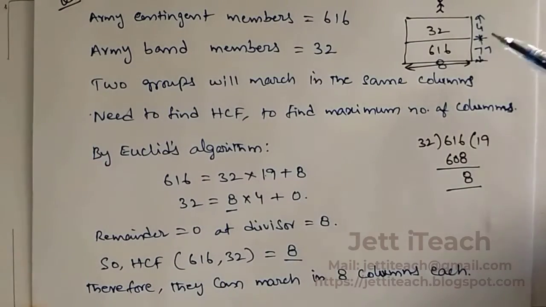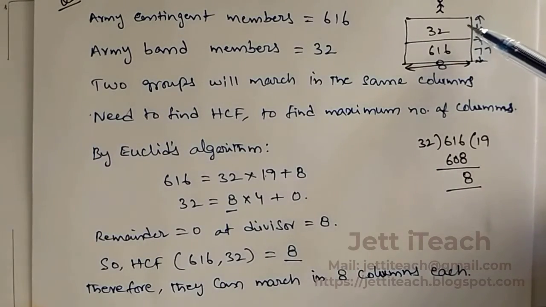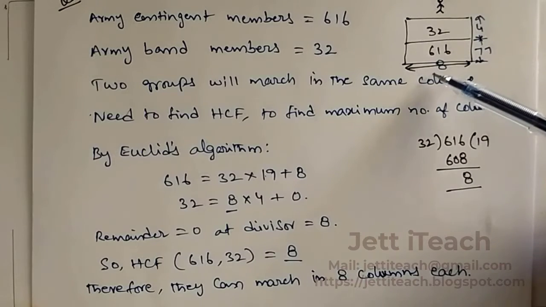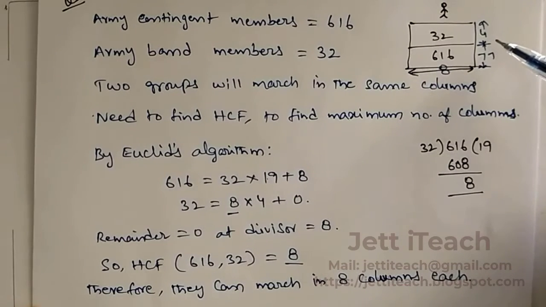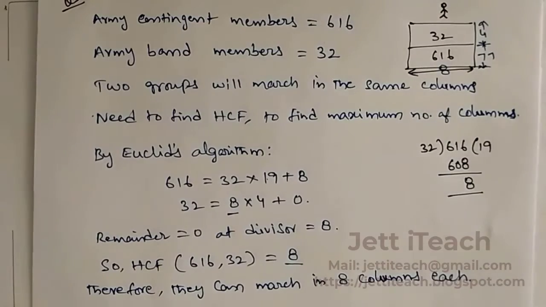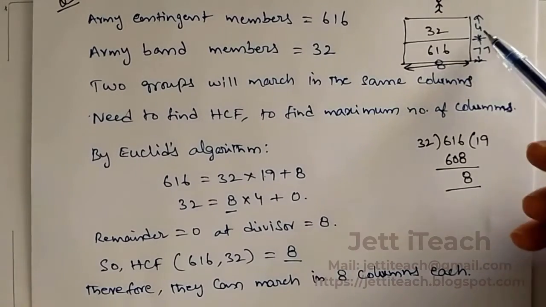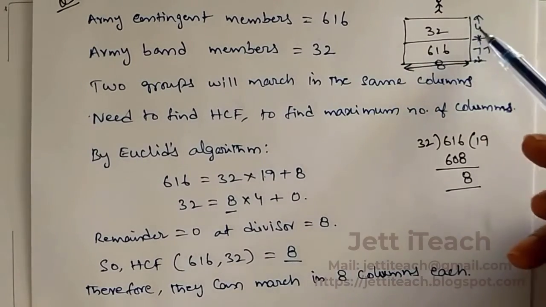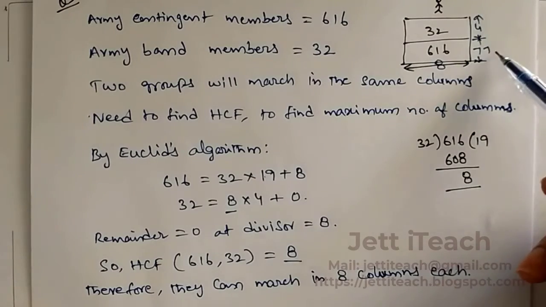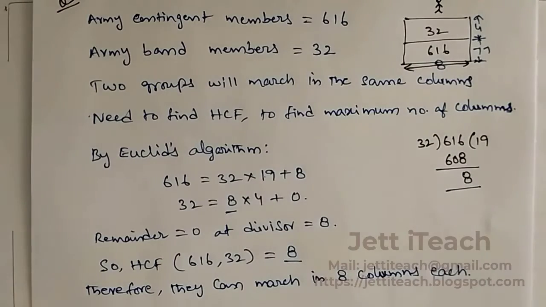If you look at it, 32 is the band, next 616 is the army people. The number of columns is 8, so the number of rows is 4. This is just for your understanding, you don't need to write it in the examination. 8 fours are 32, so 8 77s are 616.